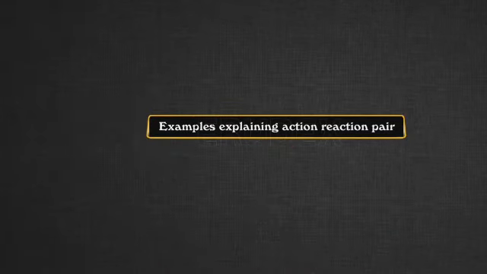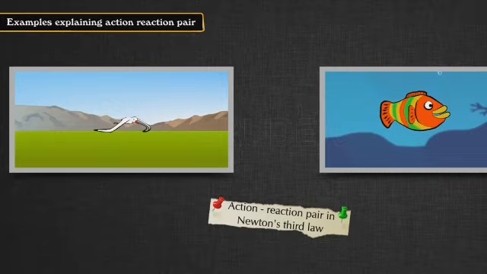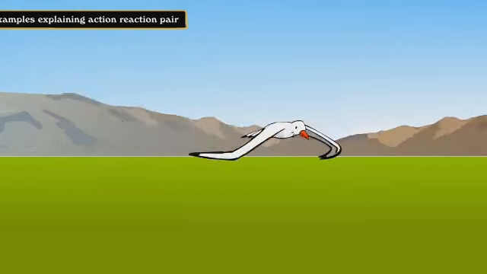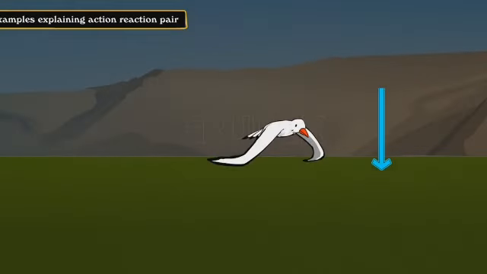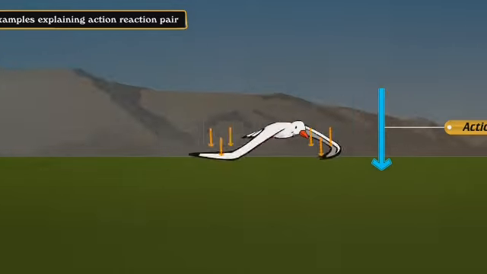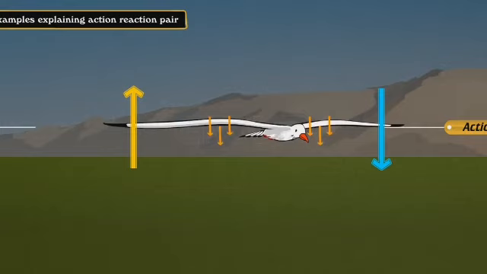Let us watch some more examples explaining action-reaction pairs in Newton's third law of motion. When the birds fly, their wings push the air downwards, which is considered as action. In turn, the air pushes the wings upwards in the opposite direction, the reaction.